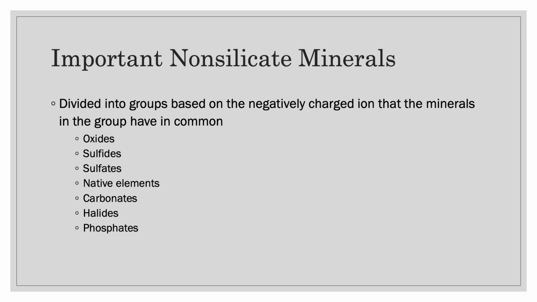Or I should have said that have sulfite in them, sorry. And then you have the native elements. So some minerals are just the native element. For example, gold and silver. Those are minerals, and they're also elements, which is pretty interesting.